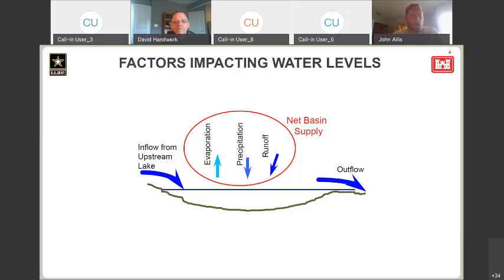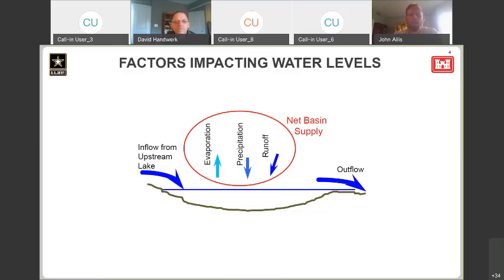And then the other basic concept: I mentioned how the Great Lakes water levels are really driven by natural conditions. Specifically, what I'll talk about and show information about is a term that we call net basin supply. When you look at the water balance of each of the lakes, you're typically going to have water flowing in from the upstream lake, and water naturally leaving down through its outlet.